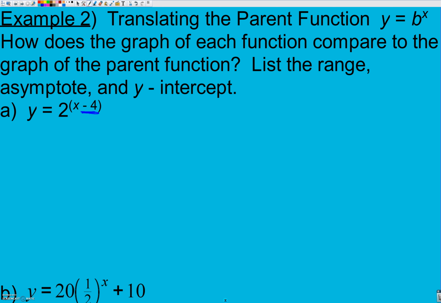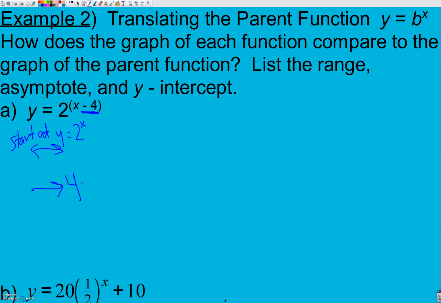So when we have things with our x, we know that's going to be left and right. Since it's minus 4, we're going to go right 4. That's our translation. So we're going to start at y equals 2 to the x power, and we're going to go right 4.